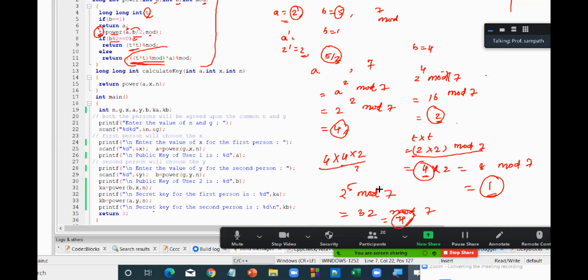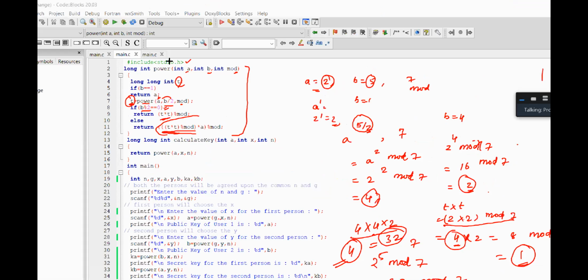So 32 mod 7, you will get the value 4. Now this 4 and this 4 are equal. I hope now you are clear with this, the function part, the power part. Any further explanation required?